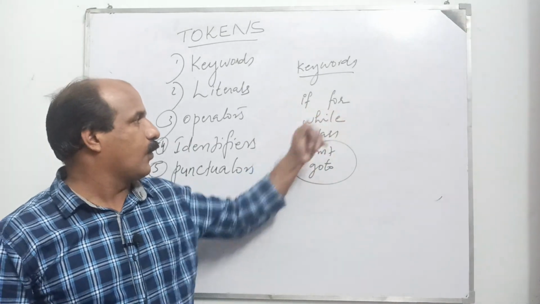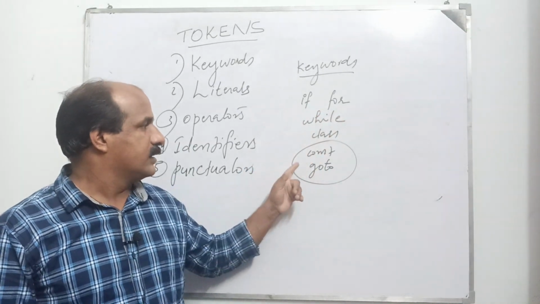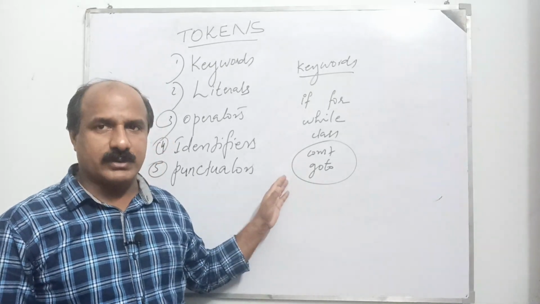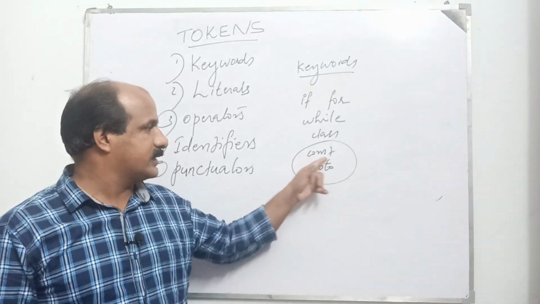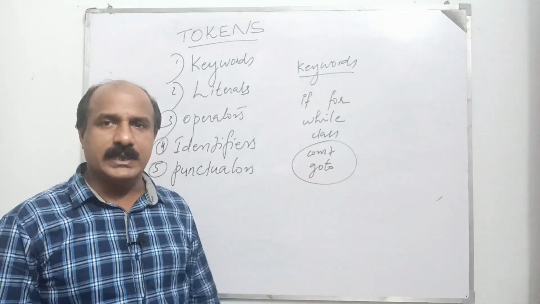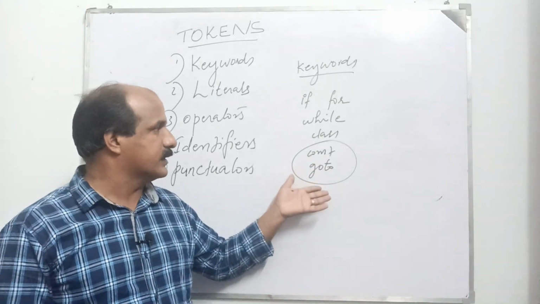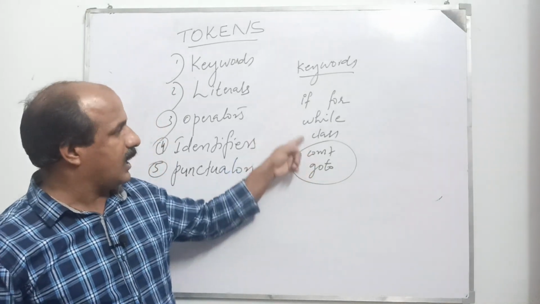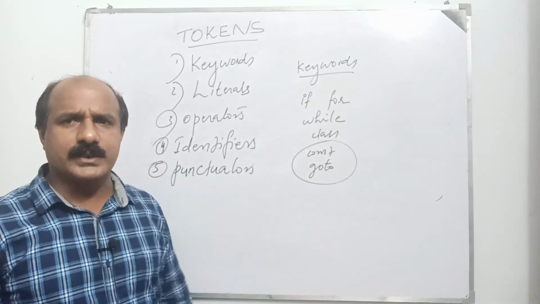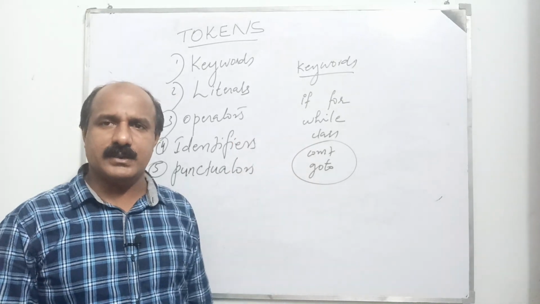See, if, for, while, class are keywords. But const and goto are actually reserved words, not keywords. Now there is a difference between reserved words and keywords.